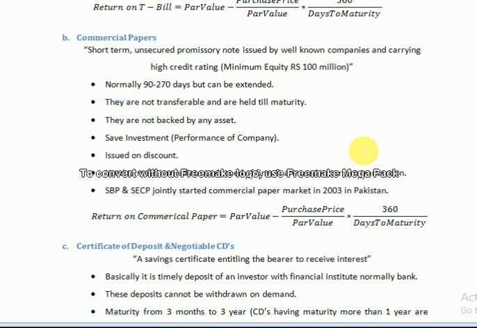So the maturity for commercial paper averages about 30 days.